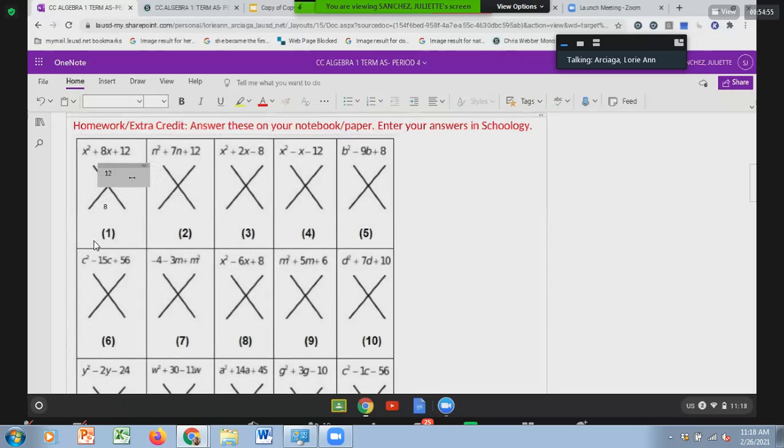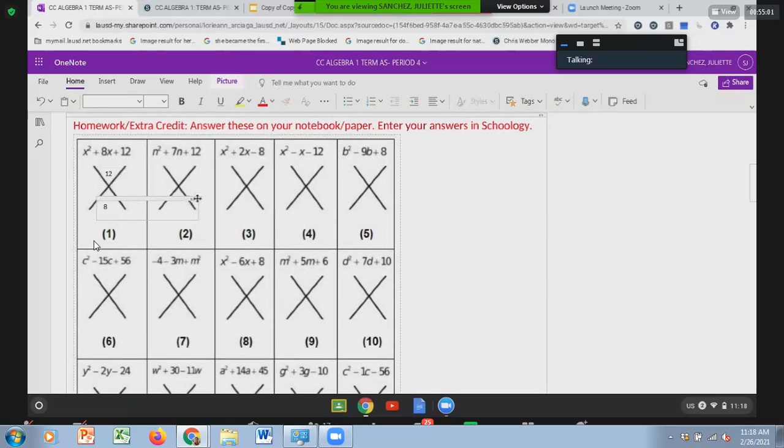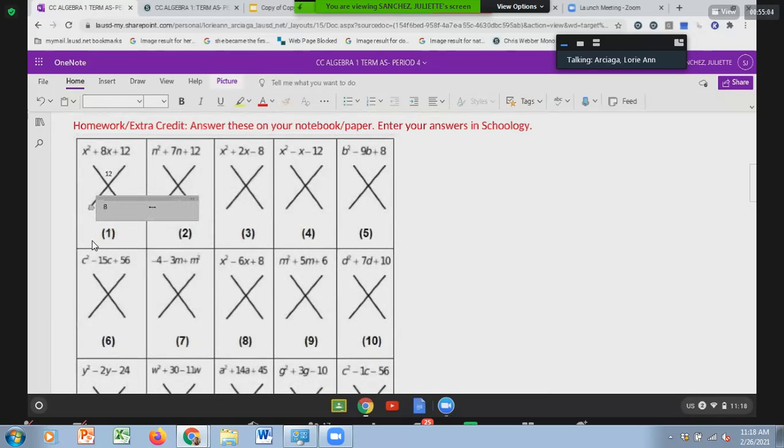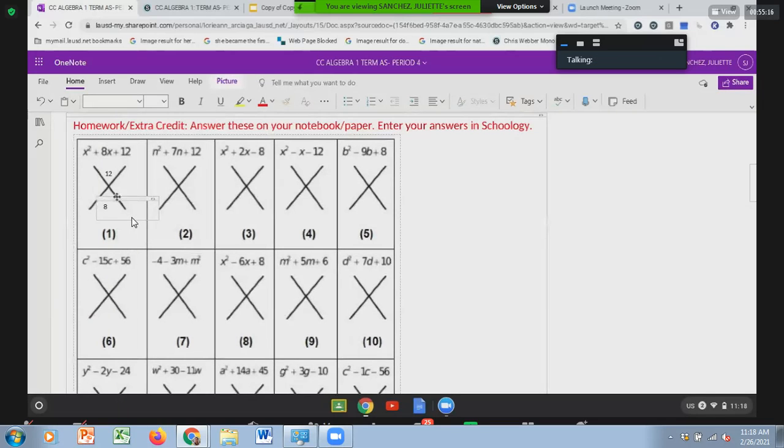So what multiplies to 12, and when you combine them, add or subtract, you get 8? What are they? Somebody in the chat pod? Come on, guys. What two numbers multiply to 12 that add up to 8? Anyone?